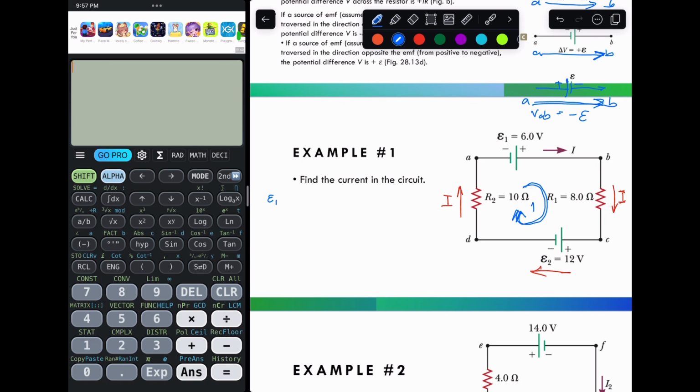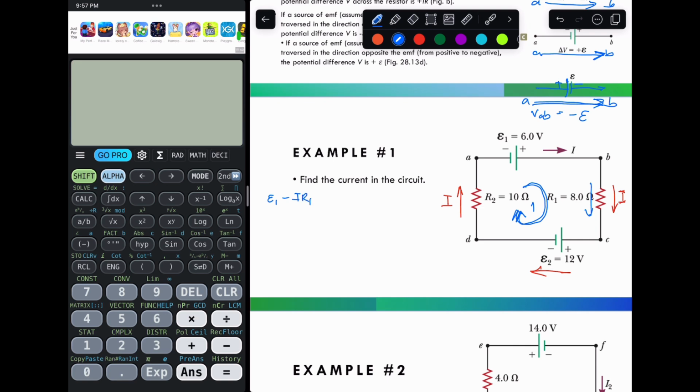And then for R1, we have 8 ohms and the current is I. So the voltage drop would be I times R. Since our direction is clockwise, this would be the direction of my loop, which is along my current I, so that makes it a negative I R1.